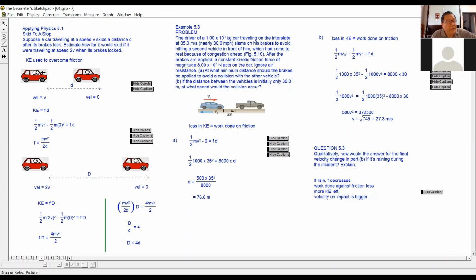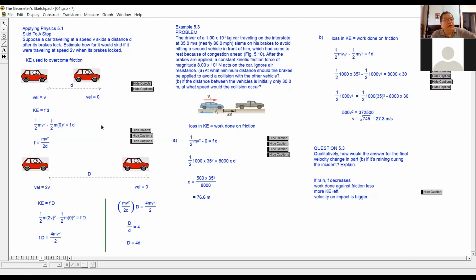One more time, when the brake is locked, the frictional force from the brake pad is not working anymore. So it depends entirely on the friction between the tires and the road surface. This friction will cause the car to stop after a distance of small d if it is traveling at a velocity of v.